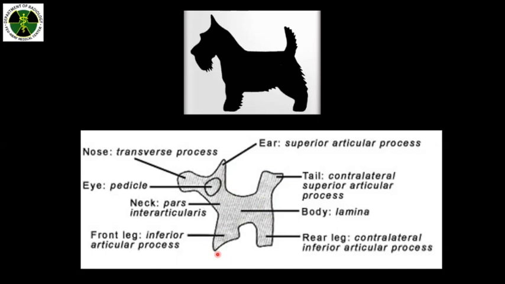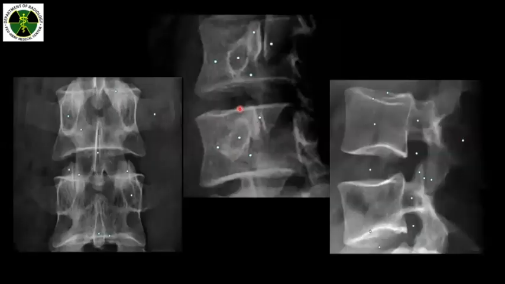So let's look at it again. Here again is the Scotty dog of an oblique lumbar radiograph. The eye again is the pedicle. The ear, and the not well visualized tail, are the superior articular processes.